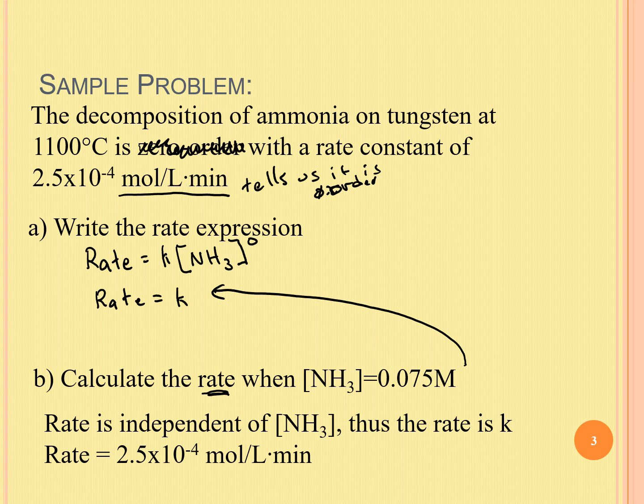So the rate is independent of our ammonia concentration. So the rate is just k, and k was given to us in the problem as 2.5 times 10 to the minus 4th moles per liter times minutes. And so the rate is going to be that value for any concentration of ammonia.